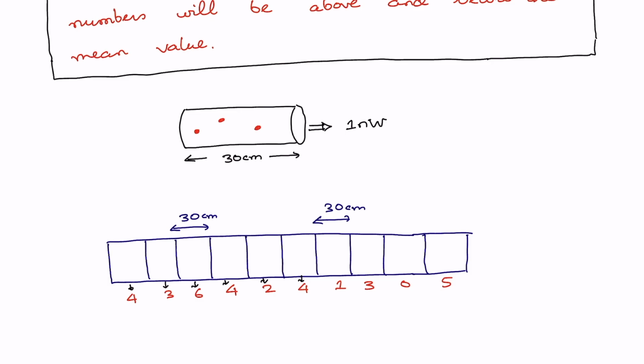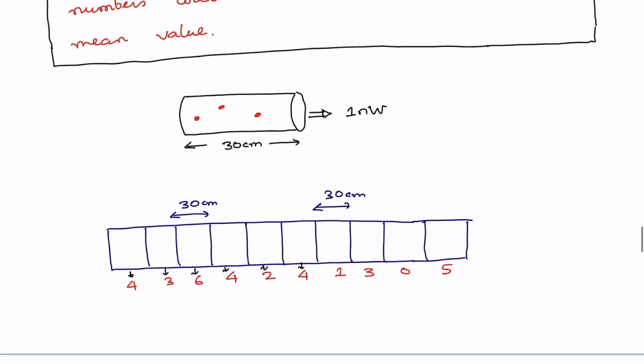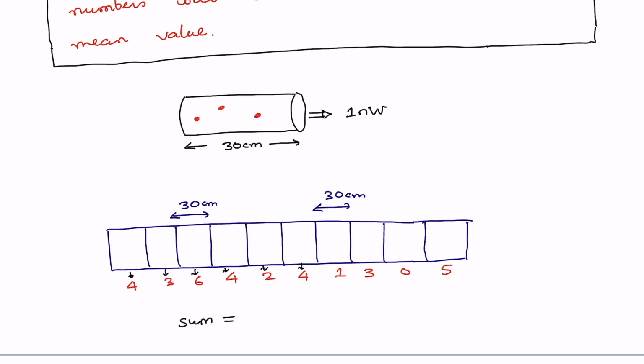In total we have 10 segments, so the distribution would be like this. If you sum the numbers, the sum is going to be 32, and this implies that the mean is going to be 3.2. So I hope you are getting the idea.